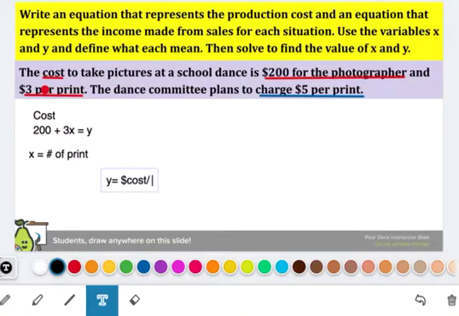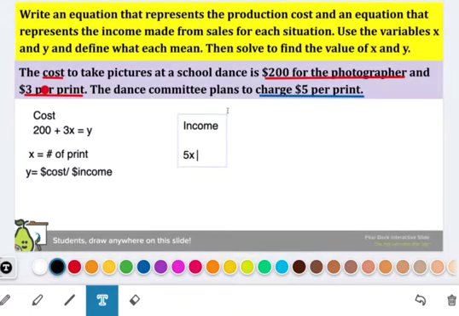And then obviously we're doing income, so we want to know how much money we're going to make. So Y represents both cost and income here. Let's do the income equation. We are charging $5 per print. Per means times, and print we give the variable X. That is equal to our Y.